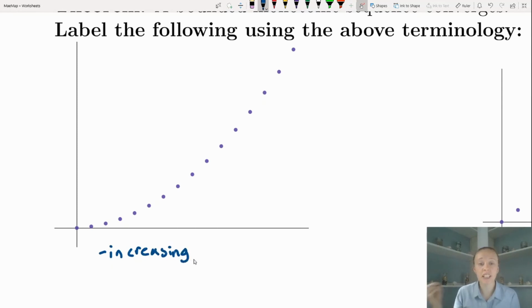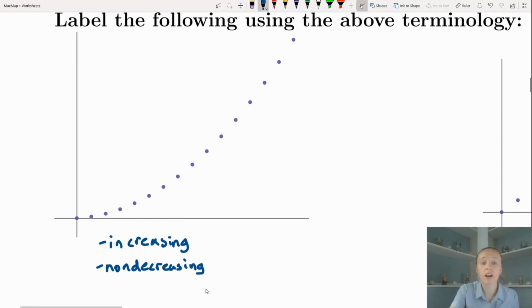And remember, if it's increasing, that also implies that it's non-decreasing. And the other term we can use to describe this sequence is whether it's monotonic or not monotonic. And in this case, we are indeed monotonic because we're moving in one direction.